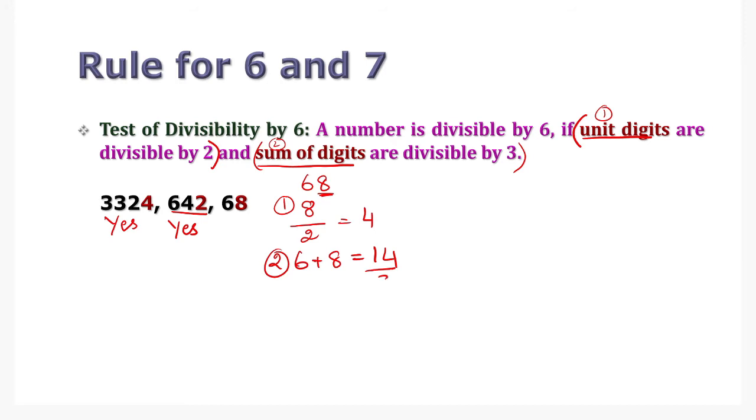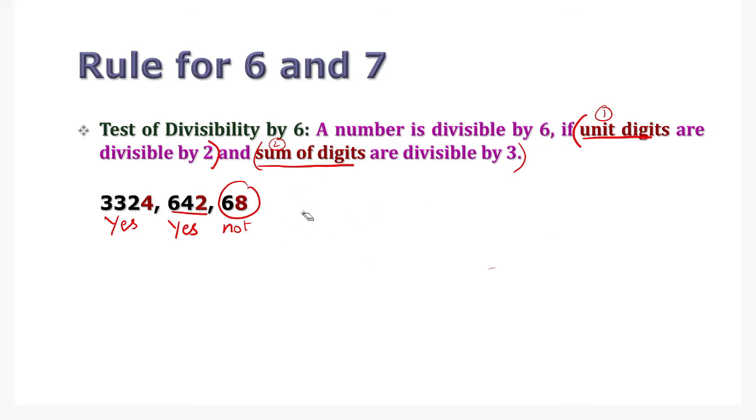Now, 14 divided by 3 gives us a whole number, which is 4, but the remainder is 2. So when you divide 14 by 3, it is equal to 4 and the remainder is 2. Always remember that we always have to have a remainder equal to 0. So we could conclude that 68 is not divisible by 6.